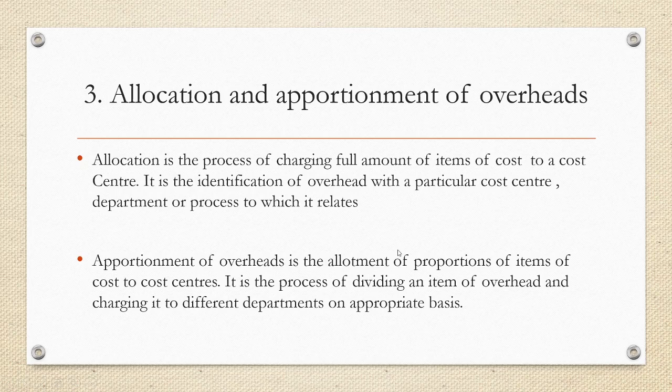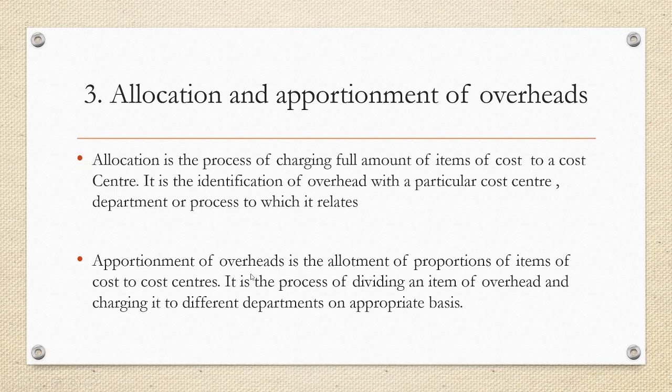That is 10,000 into 7 divided by 10, that is 7,000 rupees, will be distributed to the production department, and the remaining 3,000, 10,000 into 3 by 10, will be distributed to the service department. That is known as apportionment.